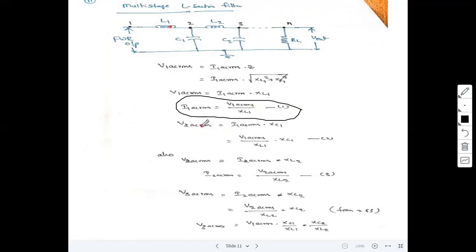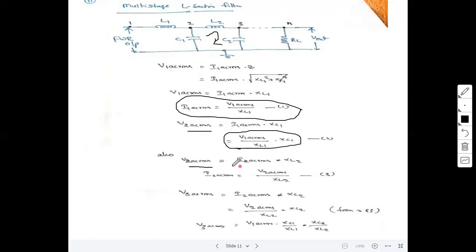This is L1. Now V2 AC RMS is equal to the current I1 AC RMS into XC1. So V2 AC RMS is equal to V1 AC RMS by XL1 into XC1. Now V2 AC RMS can also be written as I2 AC RMS into XL2 in the second loop.